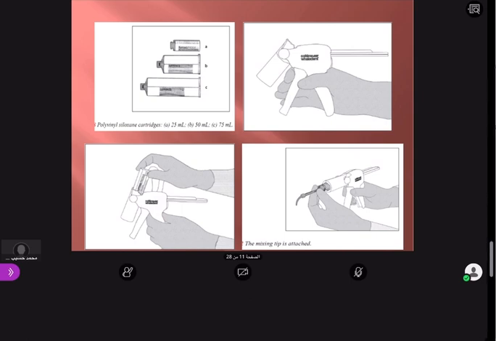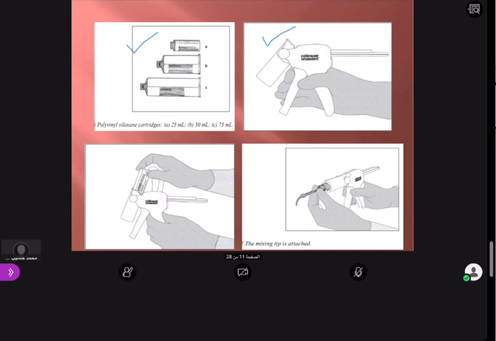This material is available in two attached cartridges, as you see in this first picture. It is available in different sizes according to the material content, like 25 ml, 50 ml, and 75 ml. We attach these joint cartridges in front of this gun, which is called the dispensing mixing gun, or delivery gun.